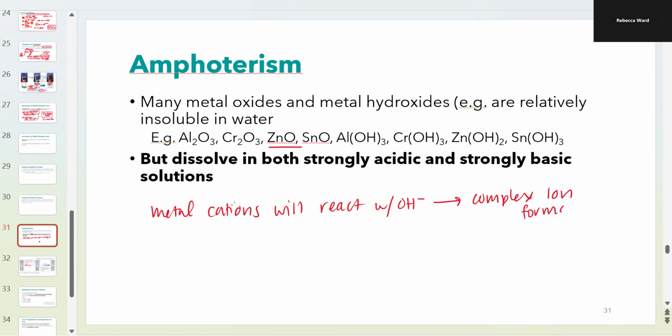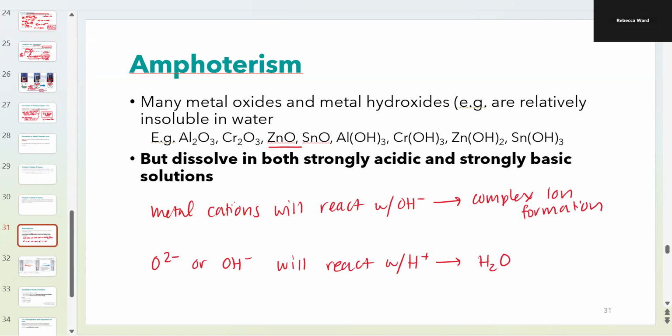So that increases the solubility. And then also the O2 minus or OH minus will react with H plus to make water. And so that increases the solubility.